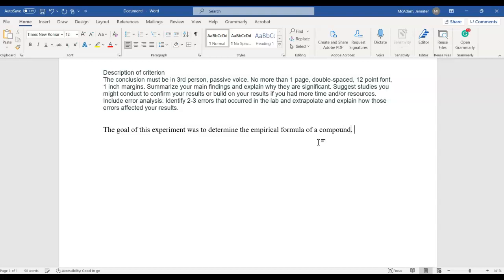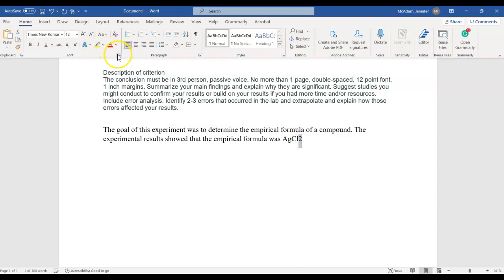And the experimental results show that the empirical formula mine was AgCl2. This does need to be subscripted.